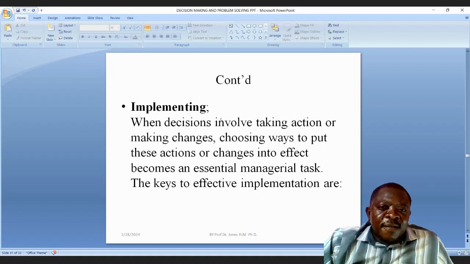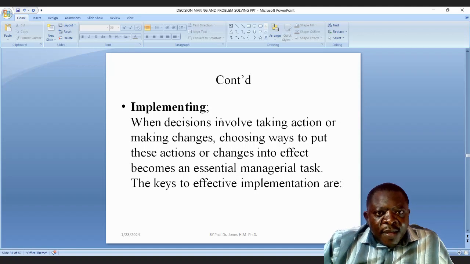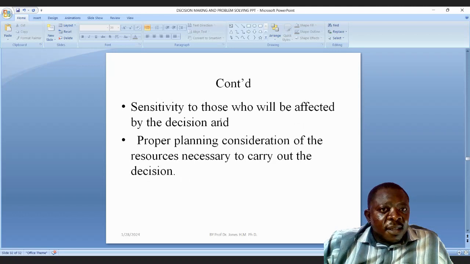When decisions involve taking action or making changes, choosing ways to put these actions or changes into effect becomes an essential managerial task. The keys to effective implementation, okay, are sensitivity to those who will be affected by the decision and proper planning, consideration of the resources necessary to carry out the decision.